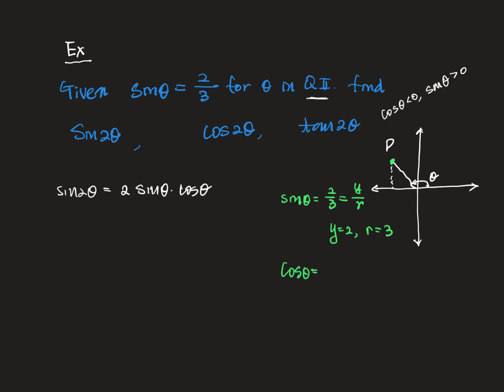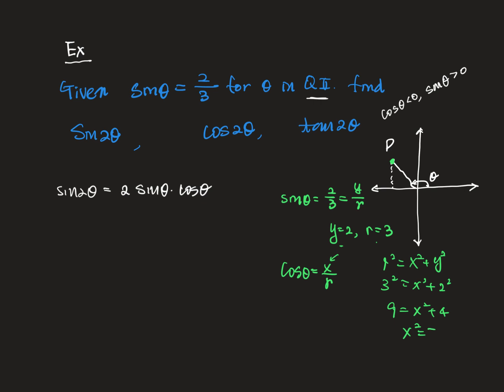We need to find the cosine. Cosine theta is x over r. We know y and r, so r square is x square plus y square. 3 square is 9, so 9 is x square plus 4.